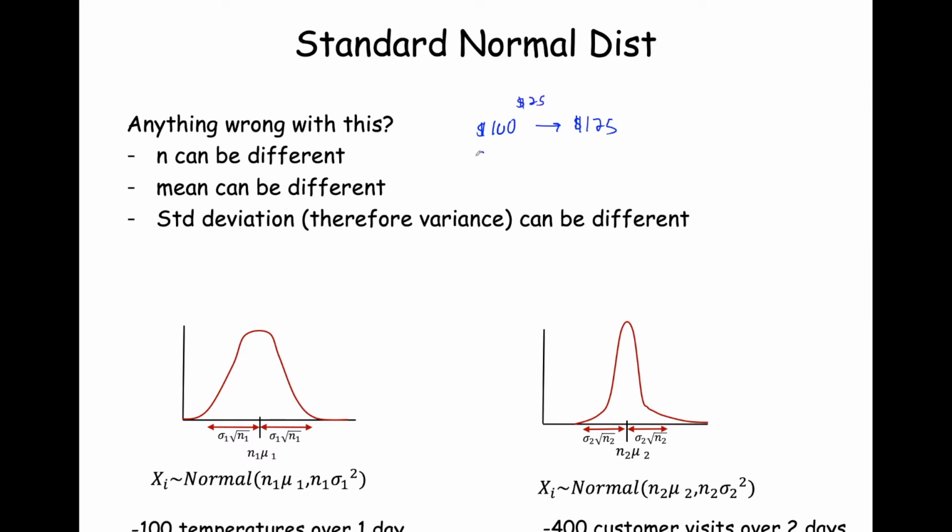And let's say you had a $50 stock or security and it increased to 75. Well, that represents also a $25 increase. In the first case, that represents a 25% increase, but in the second case, that represents a 50% increase.